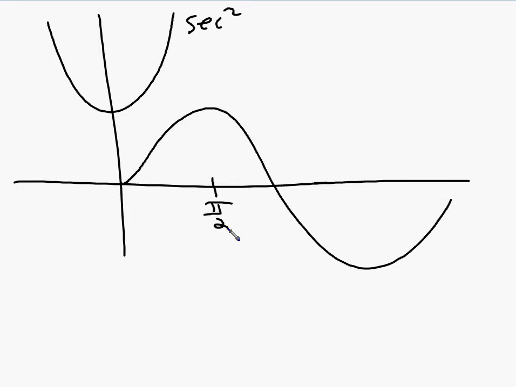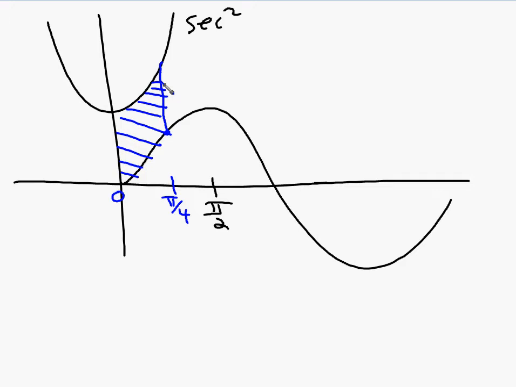So we are only going from 0 to pi fourths. So it's just this location right here that we're talking about. And if I draw a straight line up to the secant squared function, I now see where my area is between the two functions.